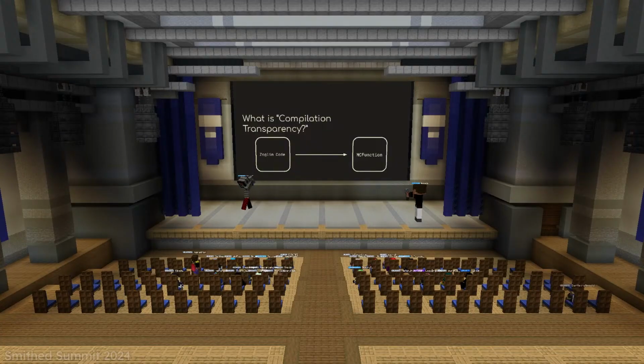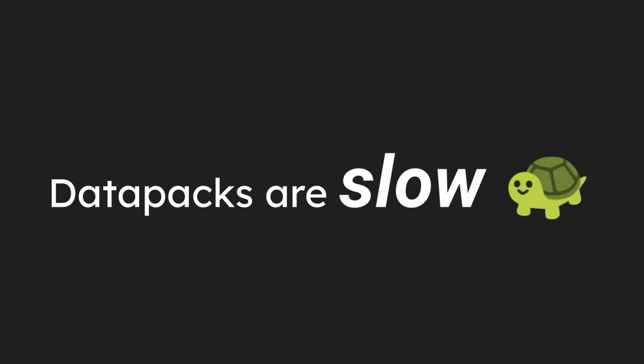And so, why is this important? When you're compiling a C program, you don't need to know the exact series of assembly instructions that the compiler is going to generate. And really the difference is that data packs are slow.